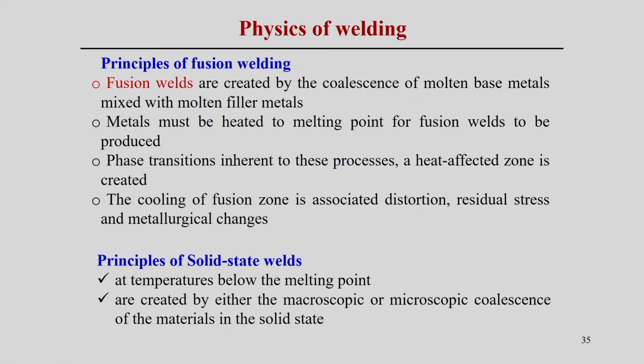Now, the principle of the fusion welding process: fusion welding means the application of heat such that it at least reaches the melting point temperature, and coalescence happens between the two base metals, sometimes mixed with filler materials. But it is not necessary to use filler materials, so autogenous fusion welding is also possible.